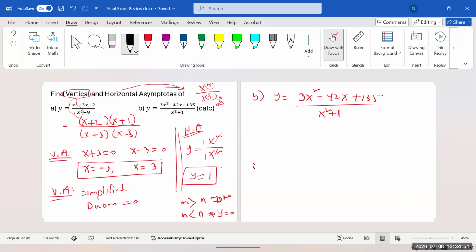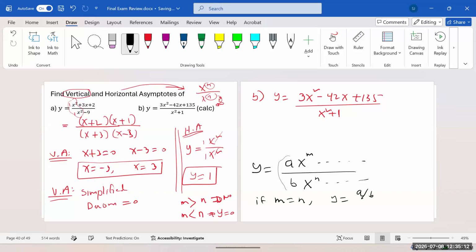So let's say you have a polynomial y equals a x to the m, and so on. And let's say you have b x to the n, and so on. And m and n are the highest powers in that polynomial. So if m equals n, means they are the same power, then the answer is y equals a over b. Means whatever number you have in front of them, that's the coefficient.